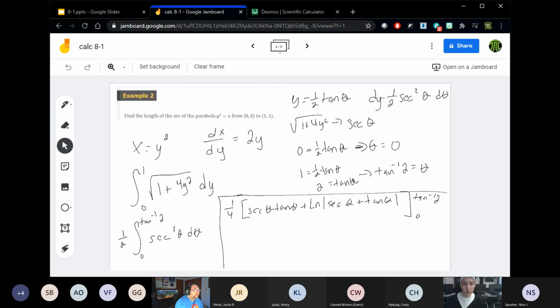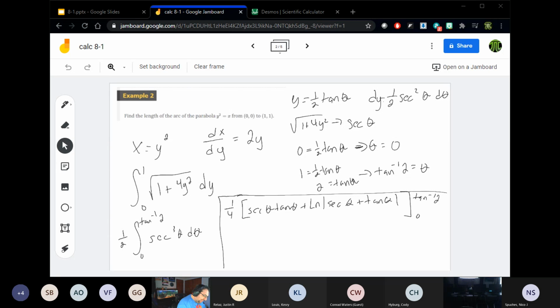And secant of 0, I think, is 1 if I remember right. Yeah, secant of 0 is 1.